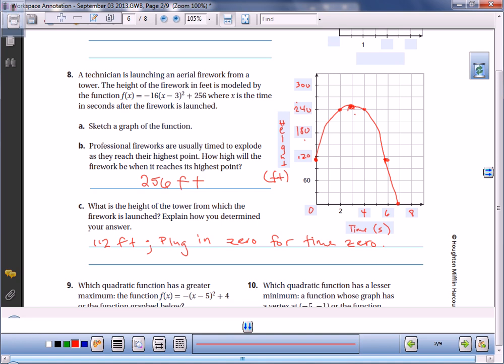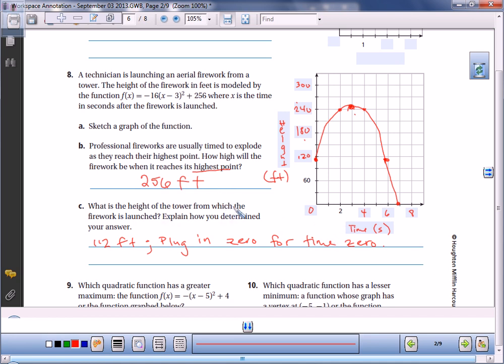If the quadratic opens up, then the vertex will always be the minimum point. Because it's worded when it reaches its highest point, that's going to occur at the vertex. And we can see from the equation the vertex is the point (3, 256). So the highest value of the function is 256 feet.